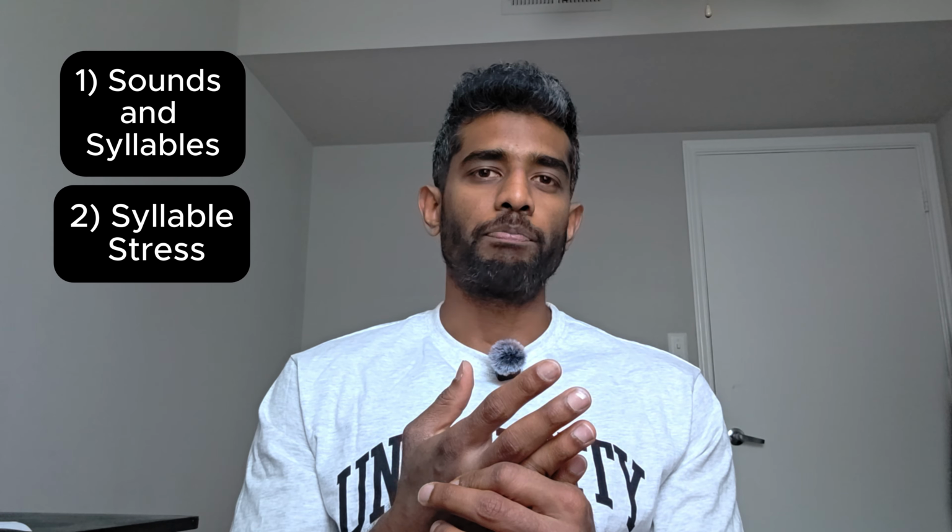The stress in each syllable of a word is different, so the pronunciation also changes with what syllable we stress in each word. And next we talked about the stress of each word in a sentence. Depending on what word we stress in a particular sentence, the meaning slightly changes.